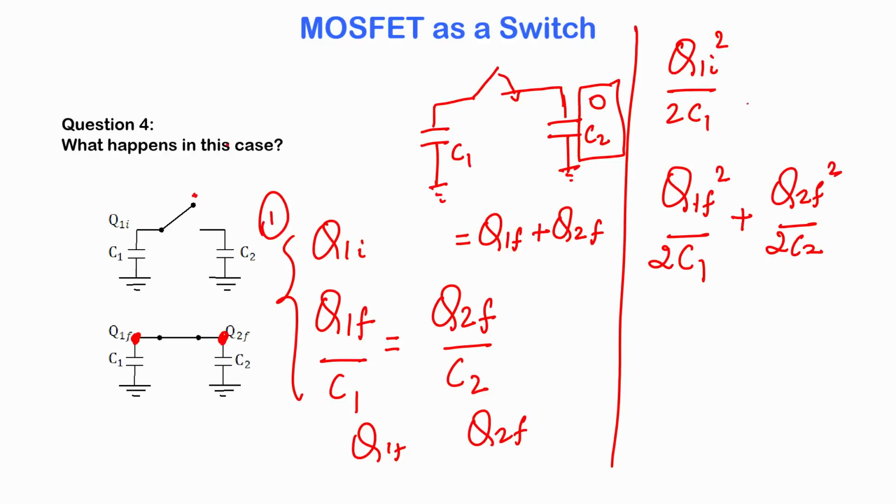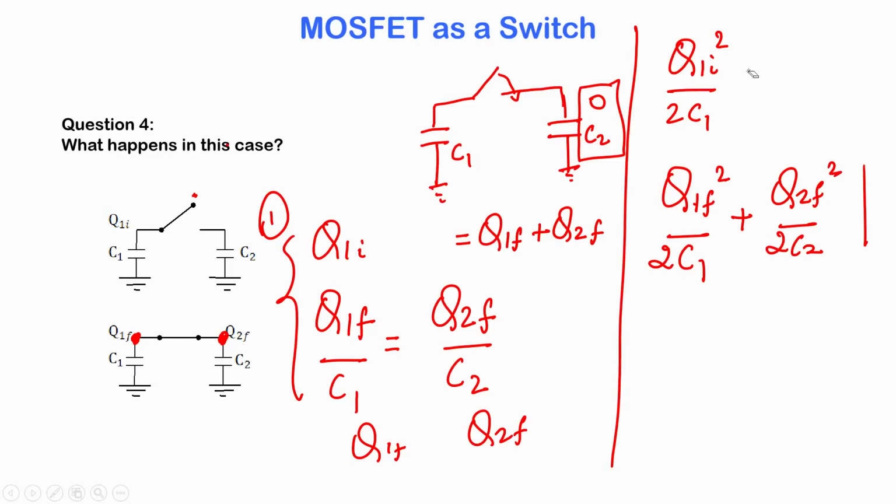Now, is it okay for me to equate the initial energy in the system to the final energy in the system? Can we say energy is conserved, and therefore, the initial energy in the system is equal to the final energy in the system? If we define the final energy in this manner, this equation will not hold. Why will it not hold?